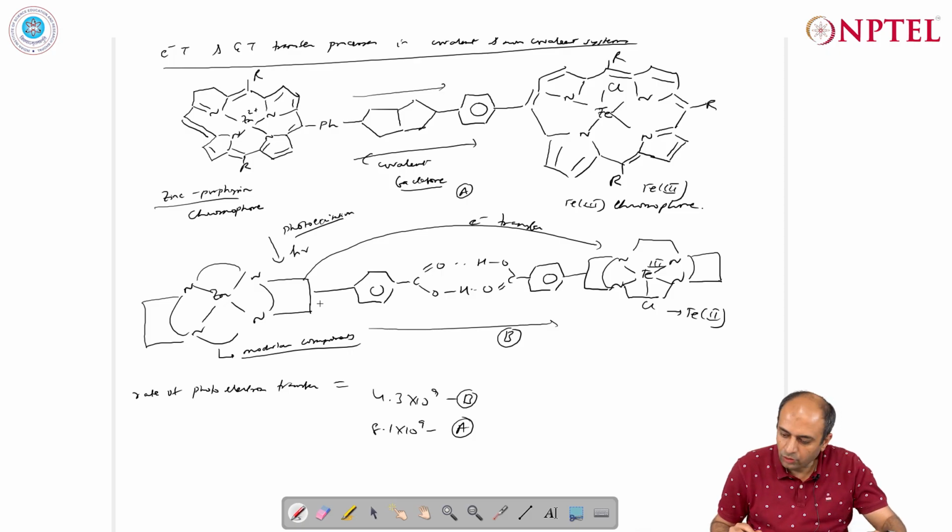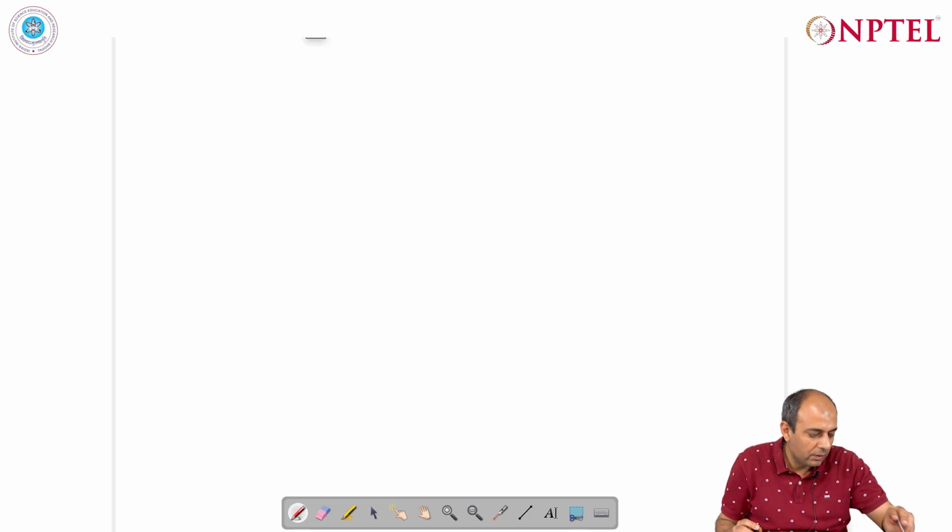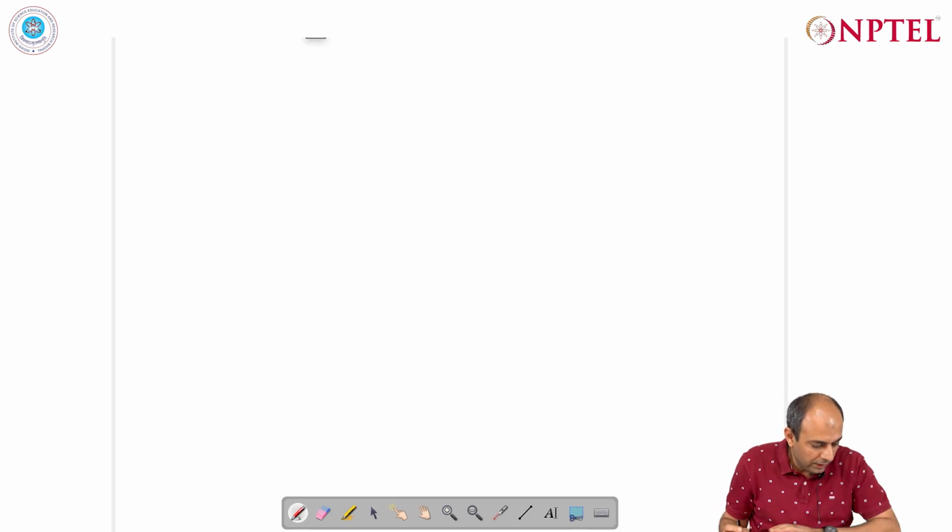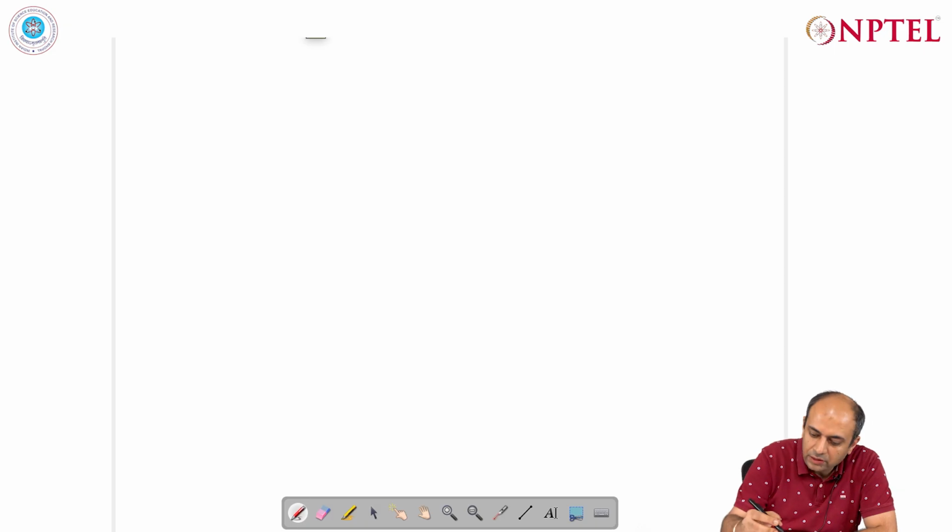Similarly, we can also take an example where we can look at the energy transfer process.